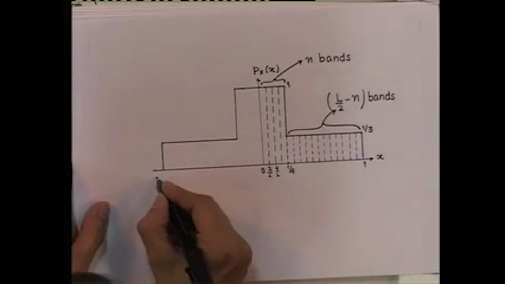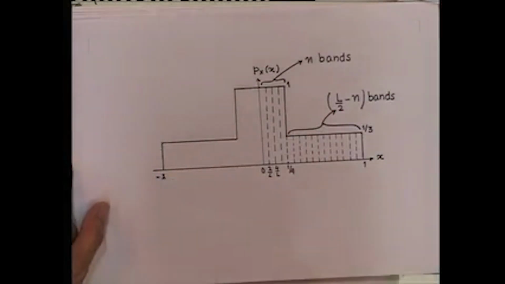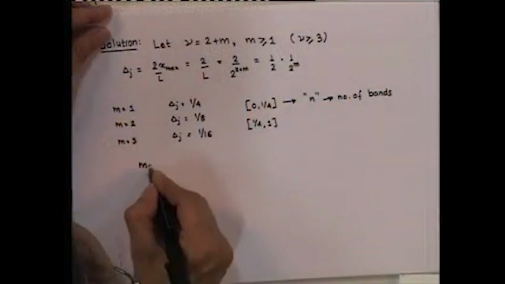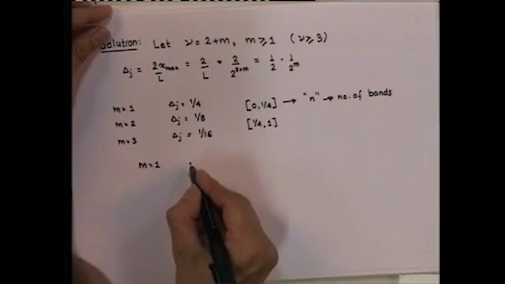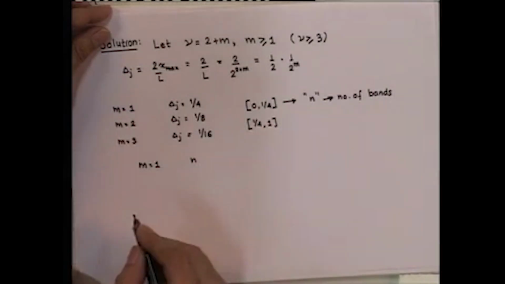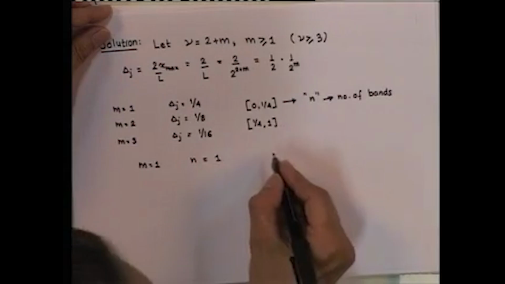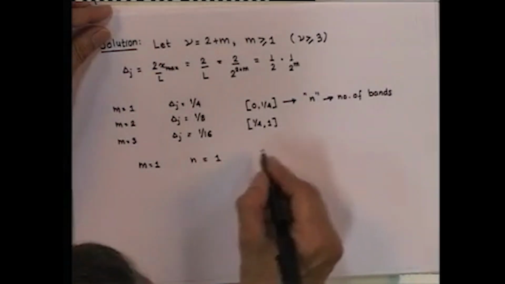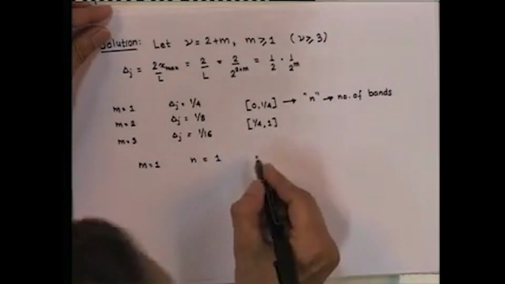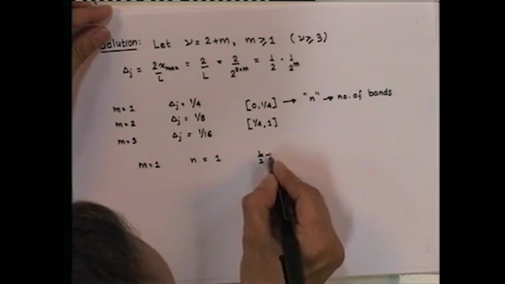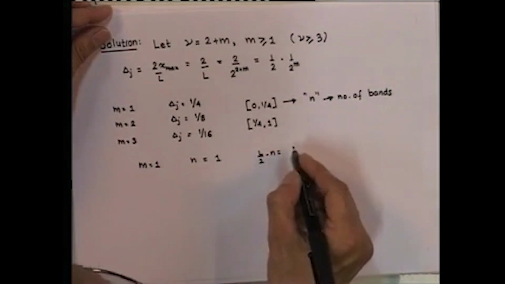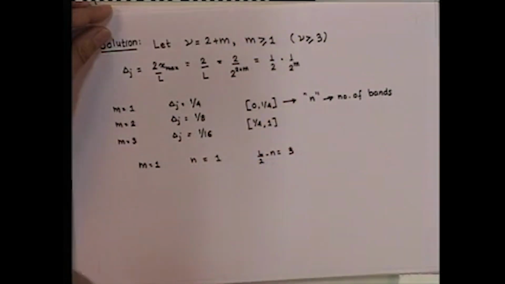-1 to +1. So, for m equal to 1, the number of bands lying between 0 and 1/4 interval would be equal to 1, and the number of bands lying in the interval 1/4 to 1 would be L by 2 minus n, which is equal to 3.